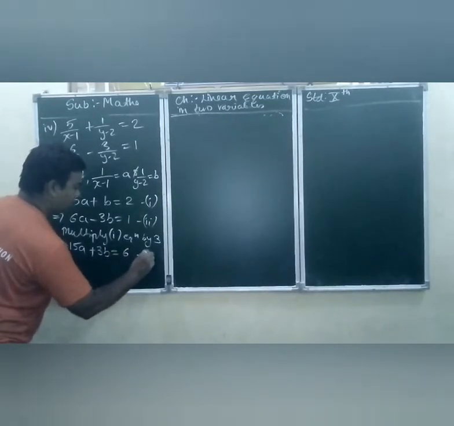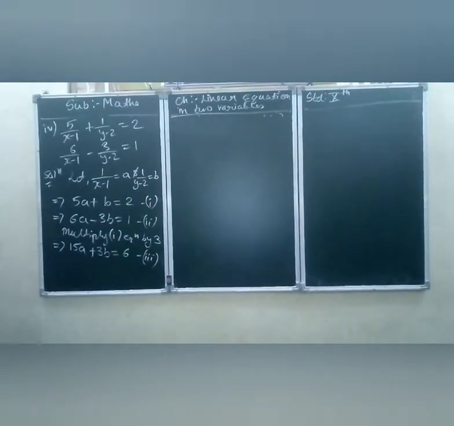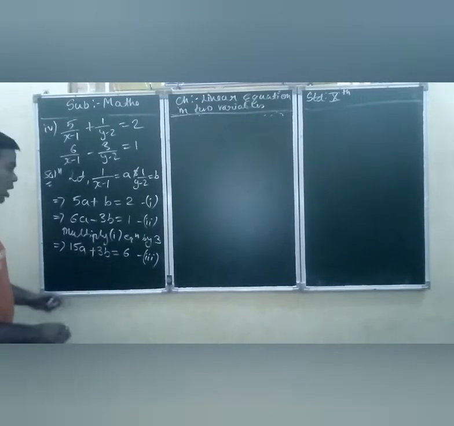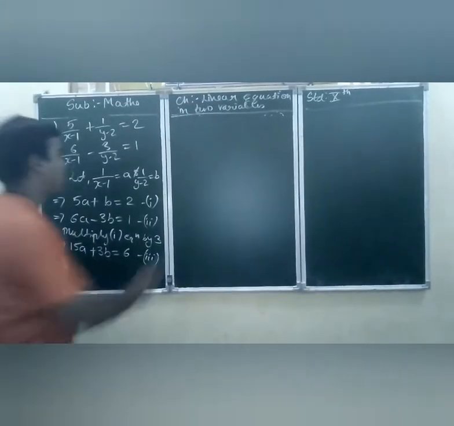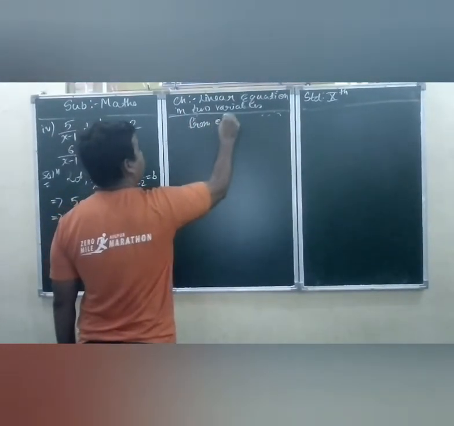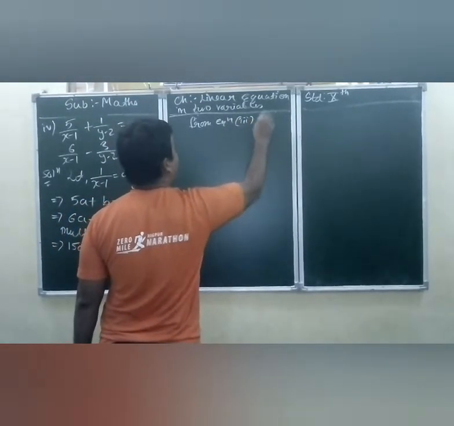This is equation third. Then 15a + 3b = 6. Now we take equation third and second.